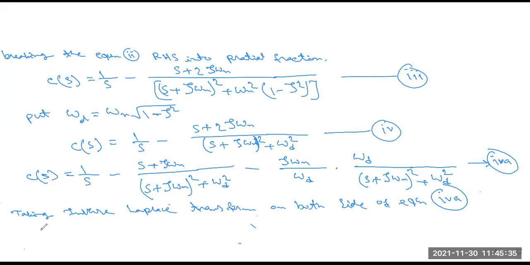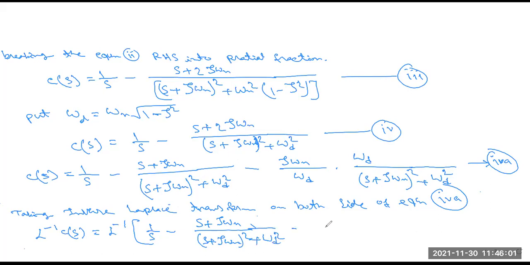Okay, so the equation is coming: Laplace inverse of C(s) is equal to Laplace inverse of 1 by s minus (s plus zeta omega n) by (s plus zeta omega n) square plus omega d square, minus zeta omega n.